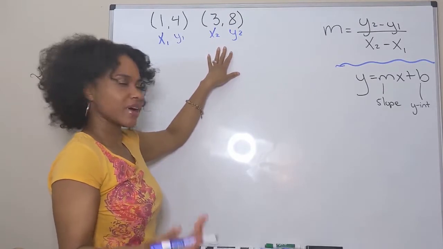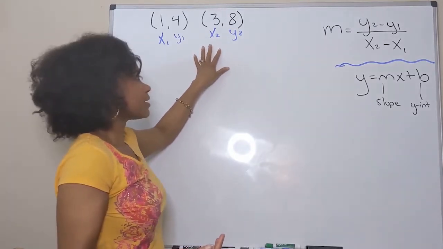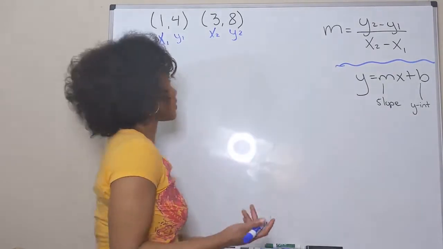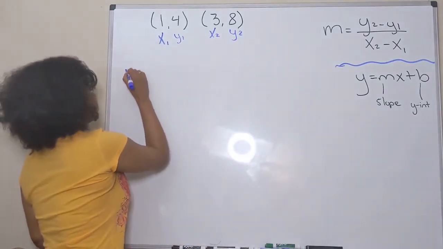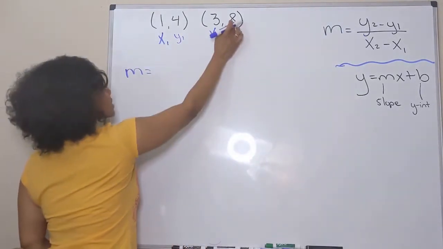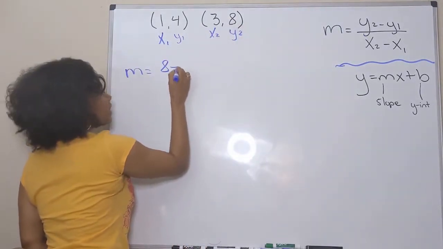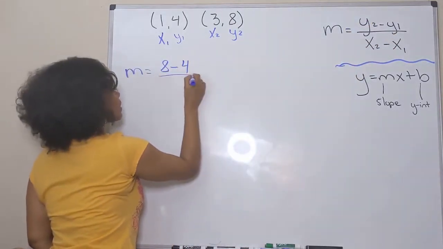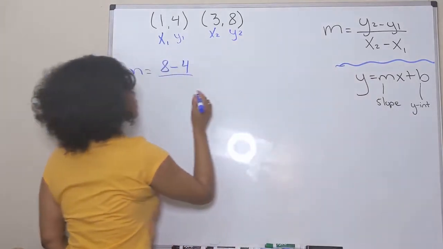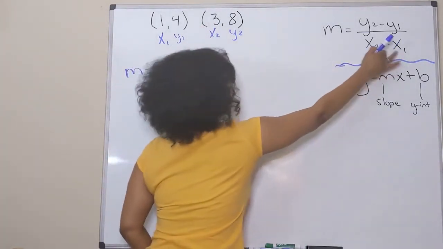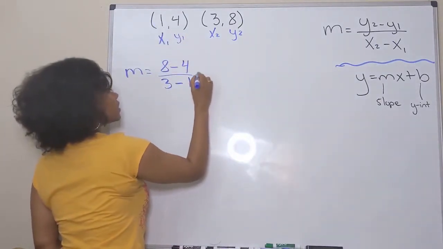So I'm going to first find the slope. And so I'm just going to plug my ordered pairs into this formula to find the slope. All right? So m equals y sub 2, which is 8, minus y sub 1, which is 4, over x sub 2, which is 3, minus x sub 1, which is 1.